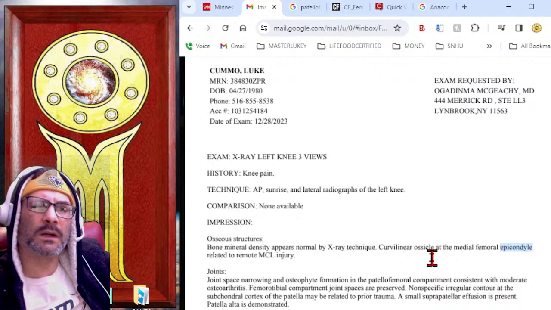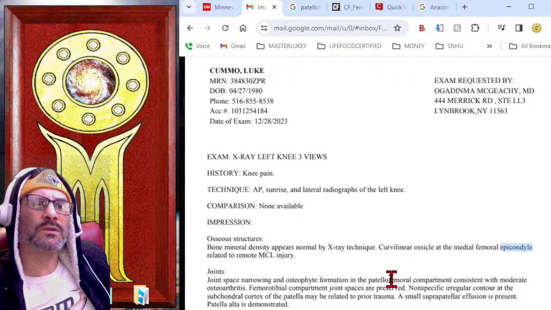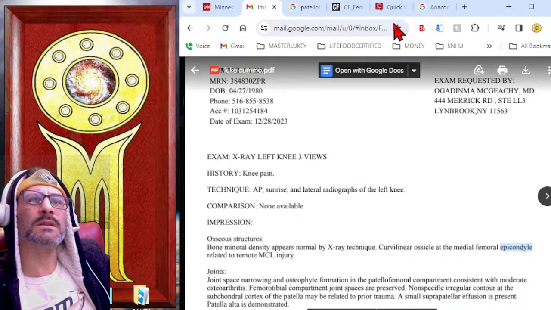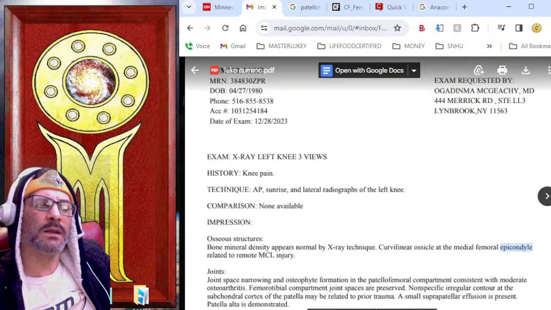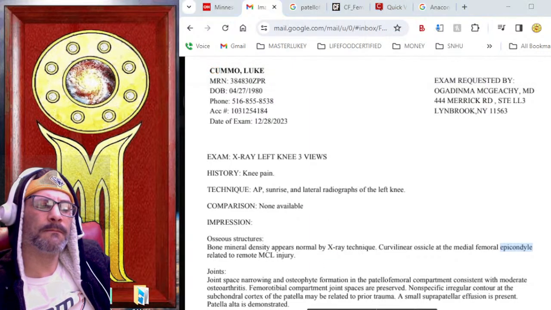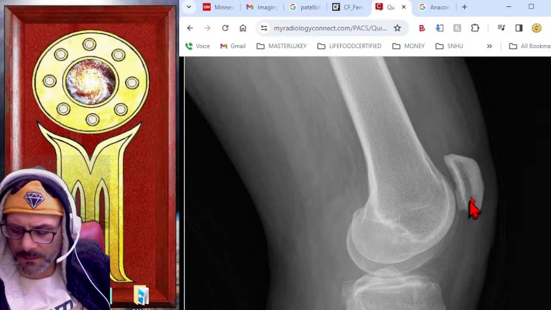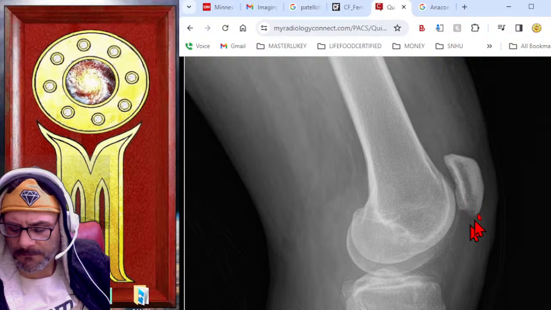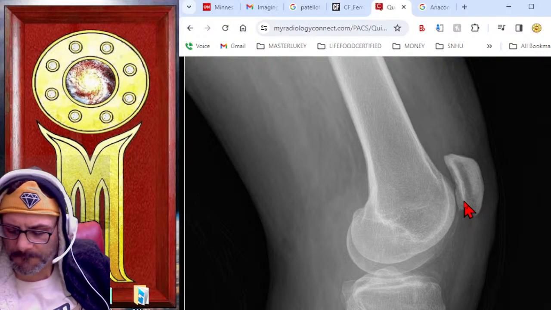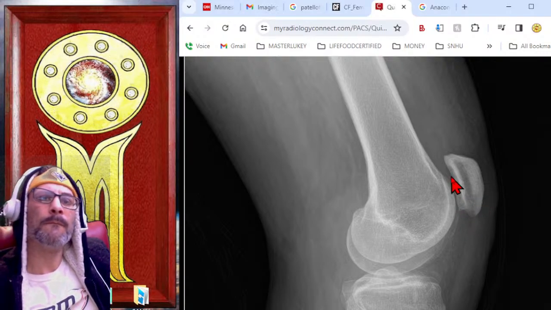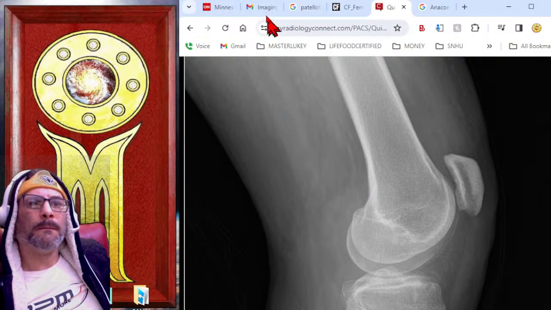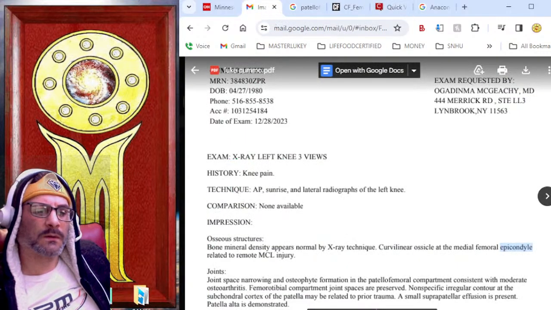Non-specific irregular contour at the subchondral cortex of the patella. Maybe that's what I was saying, behind the knee. This in here. Let's look at this one again.